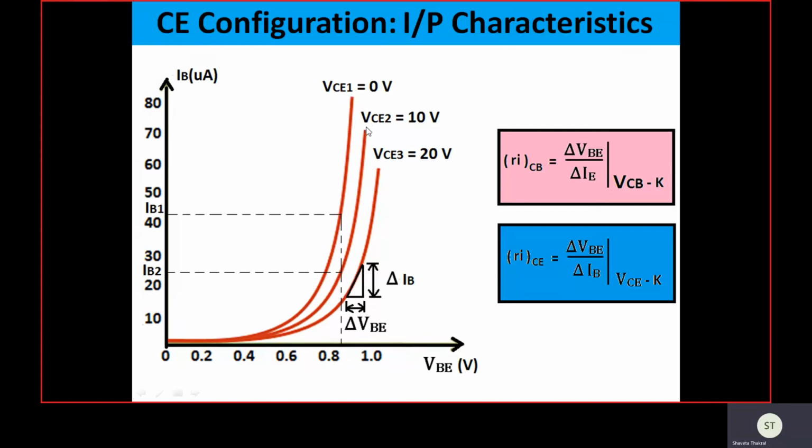We can see VCE2 is more as compared to VCE1, whereas the base current in the second curve is comparatively less as compared to the base current in curve 1. So IB2 is less as compared to IB1, under the condition VCE2 is more as compared to VCE1. That's why the graph is shifted towards the right side, and this effect is called the early effect or the base width modulation.